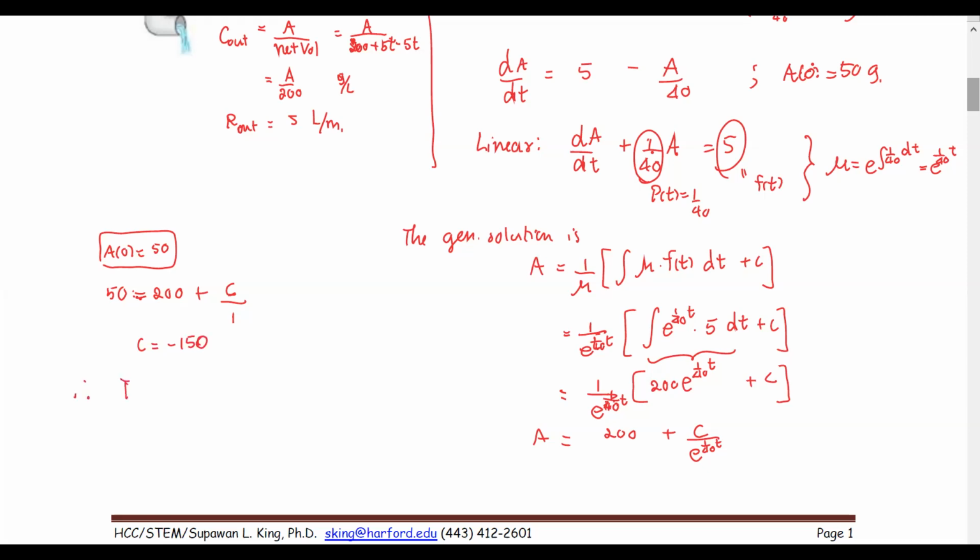So we get the solution, or the amount of salt at time t, which is A(t) equals 200 minus 150 divided by e to the power 1 over 40 t.